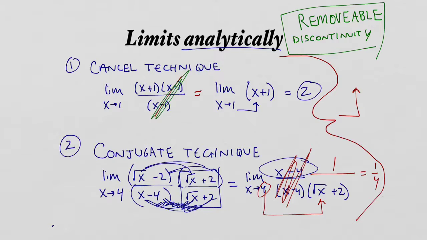Algebraically, we are removing our problem spot on both of these examples and all the examples that we've looked at most recently. We can remove our discontinuity, meaning that we have a removable discontinuity, and graphically a removable discontinuity is a gap or a hole, unlike a non-removable discontinuity, which manifests itself graphically as an asymptote.